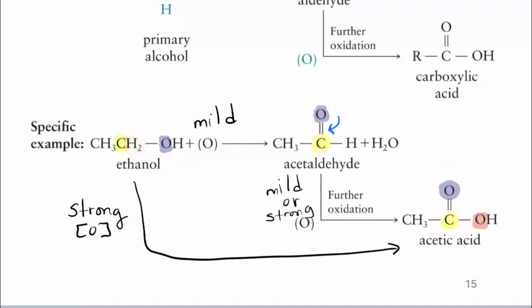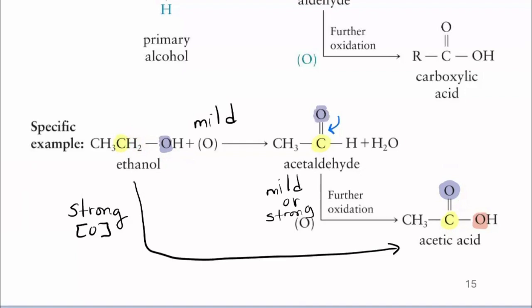So we see that these two hydrogens are no longer here. And what we add to this carbon is a double bond to oxygen. And that's how we go from primary alcohol to writing the carboxylic acid.